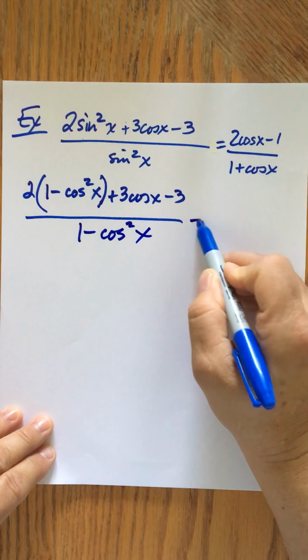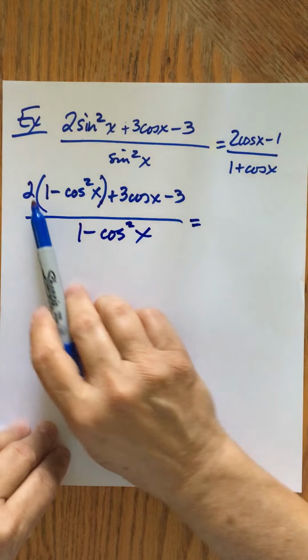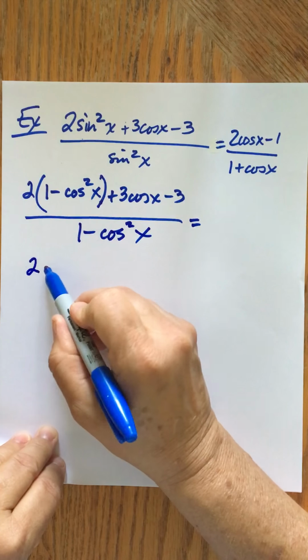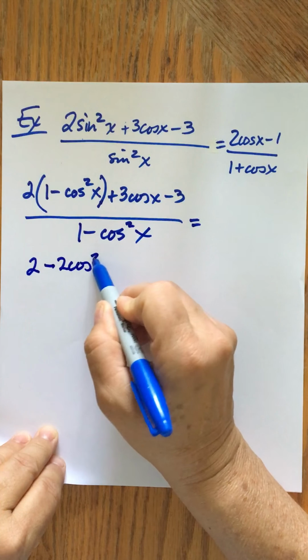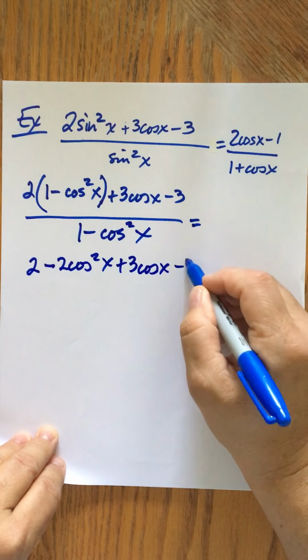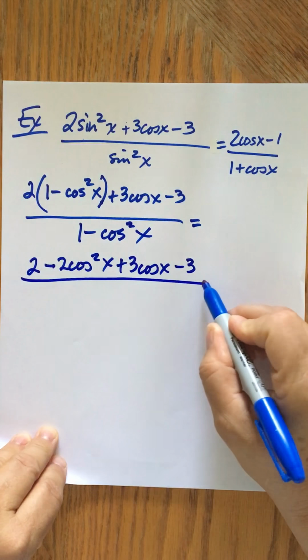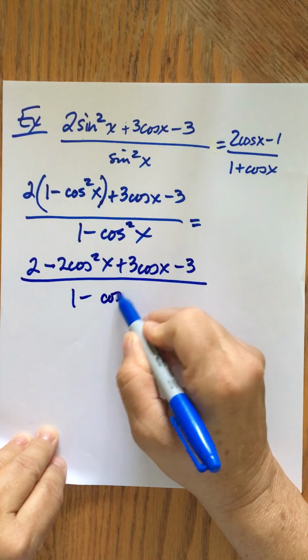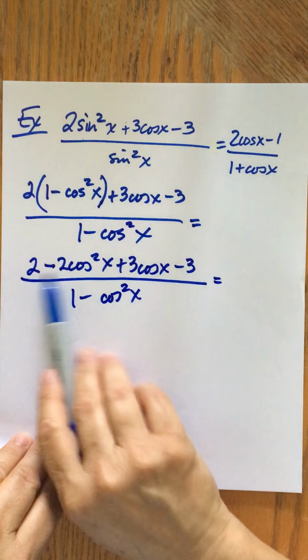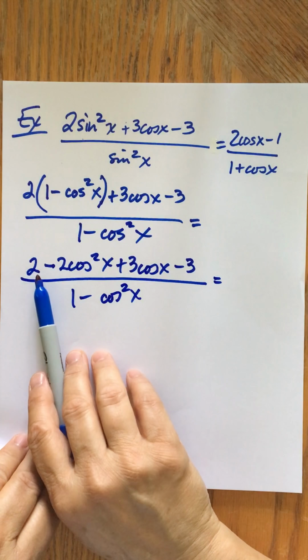I might be doing this prematurely, I'm not sure, but anyway. So let me go ahead and distribute here. I have 2 minus 2 cosine squared x plus 3 cosine x minus 3 all over 1 minus cosine squared x equals. Now let me combine some terms and try to clean this up a little.